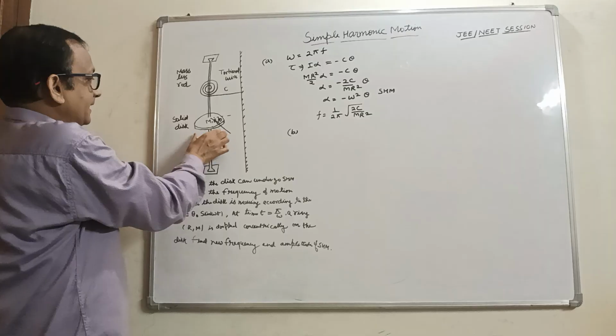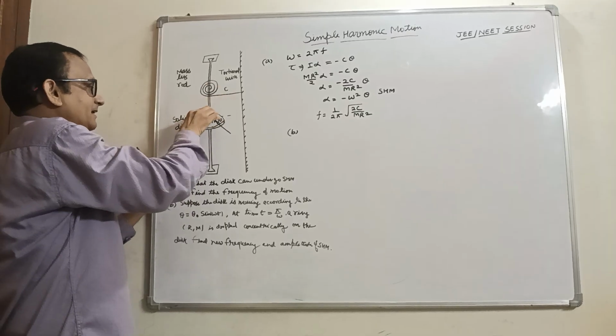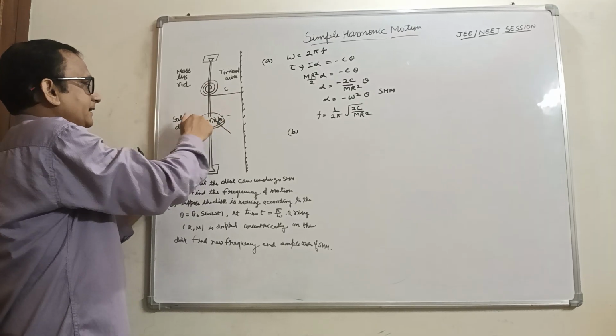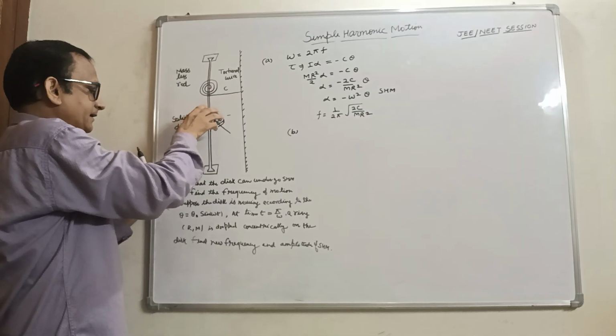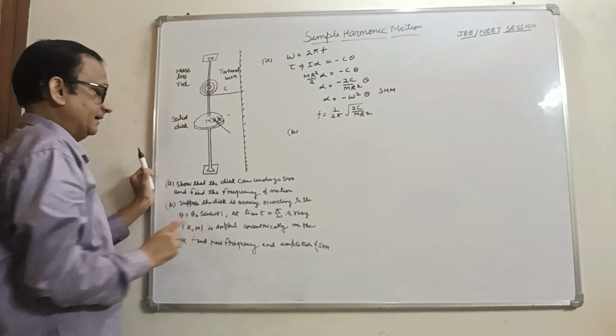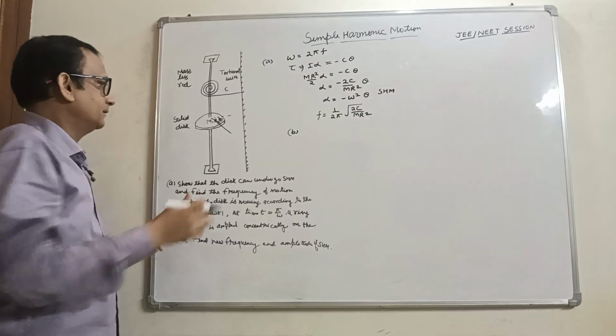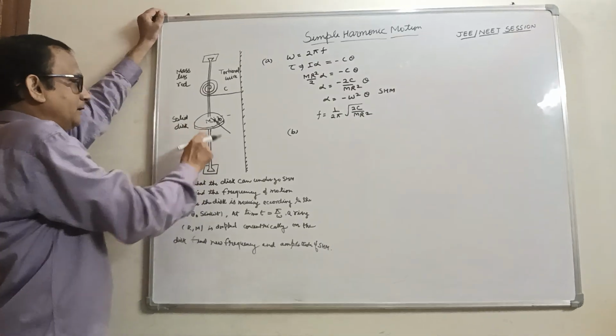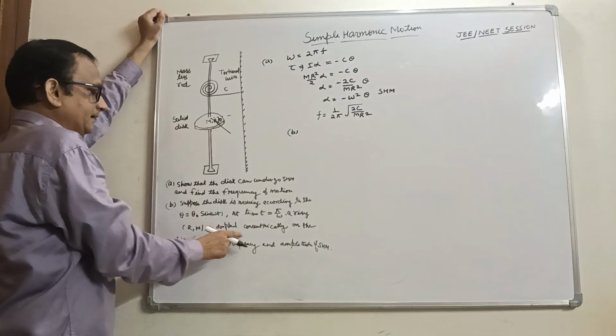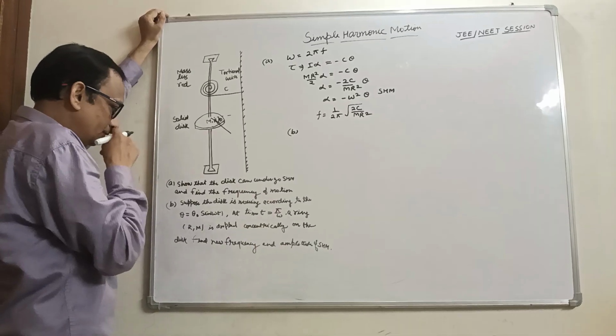This means a ring is placed on the disk concentrically, and we have to find the new frequency and new amplitude after that position.